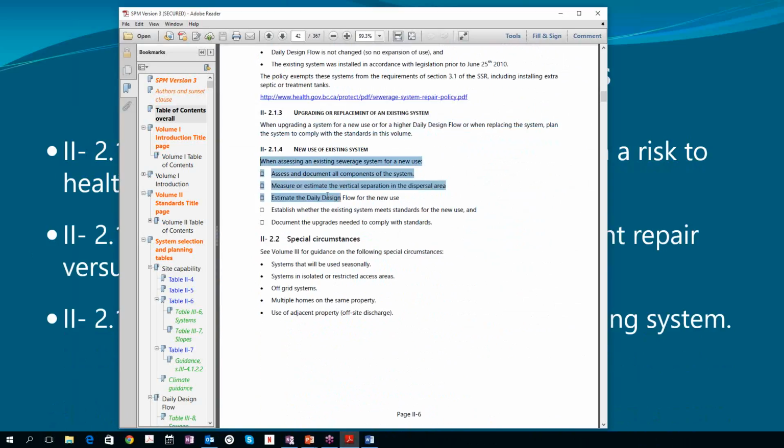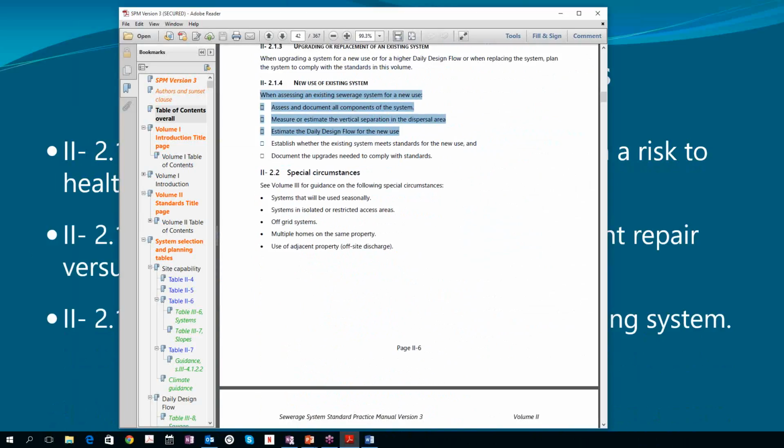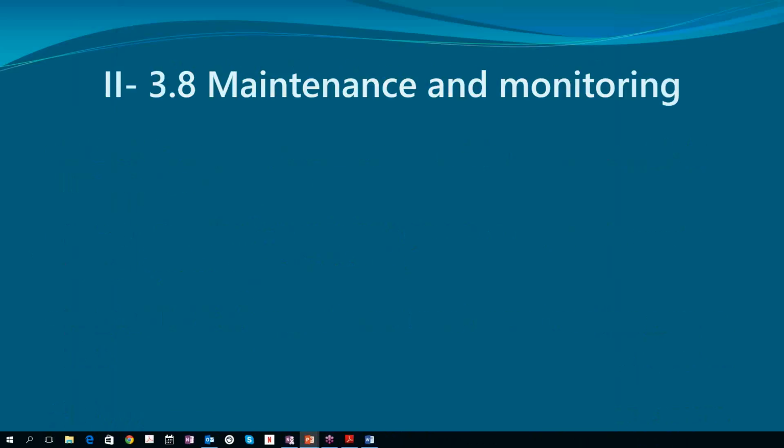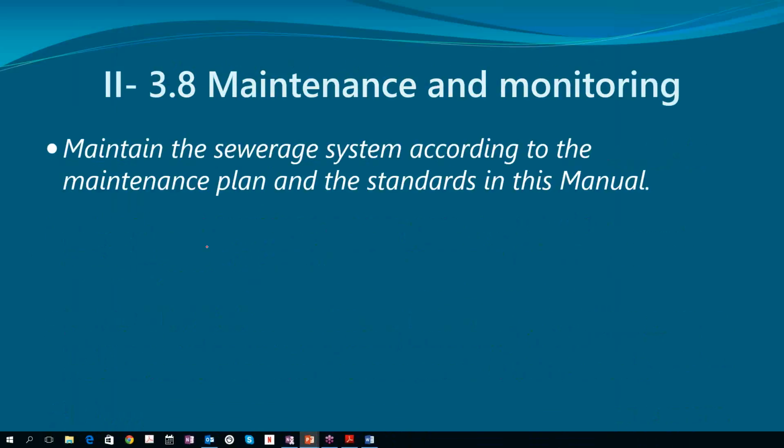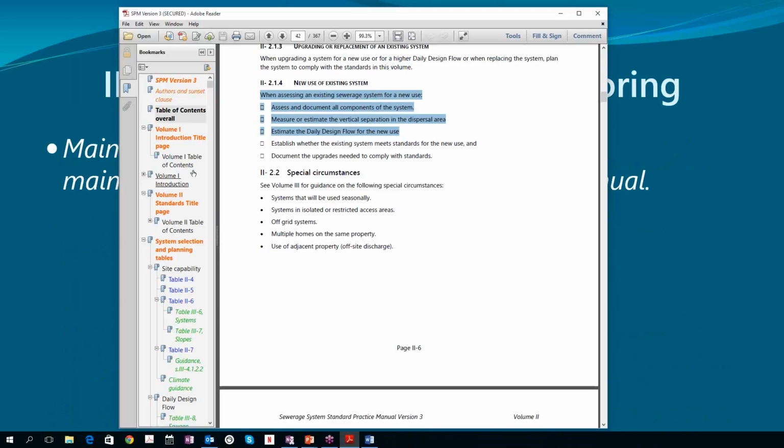And when assessing, it talks about establishing DDF, vertical separation, and so on. That's probably enough said for now because we dealt with that in previous webinars. Maintenance and monitoring, 3.8.